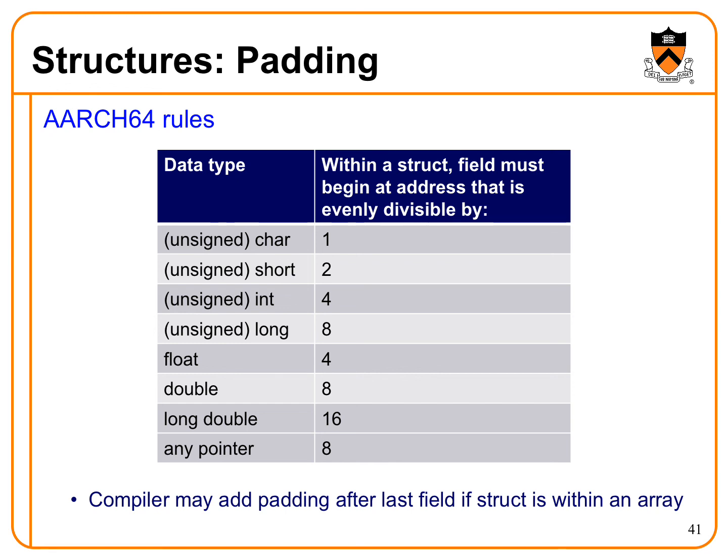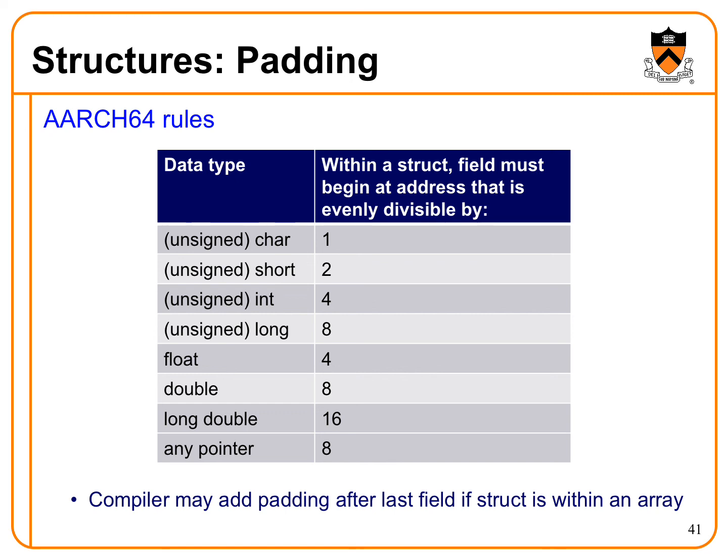Here are the rules for AArch64 with ARM. Within a struct, fields must begin at addresses that are evenly divisible, or aligned, in this way. Also note the compiler may add padding after the last field of a struct, and the reason for this is, as I said on the last slide, we think of the compiler or whoever wrote the code, that might be you, as putting the address for a struct's first field at a well-aligned address.